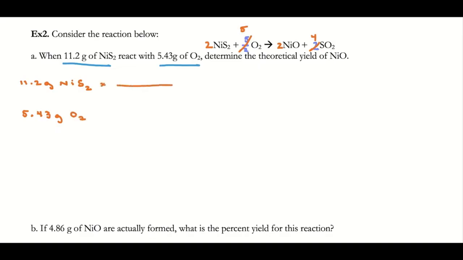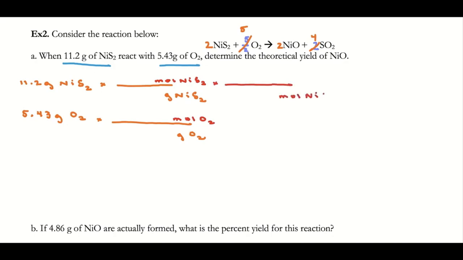So I'm going to get out of grams of each of my reactants and into moles. Okay, now I need to get out of moles of my reactants and into moles of nickel oxide.